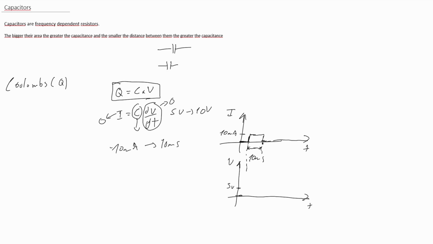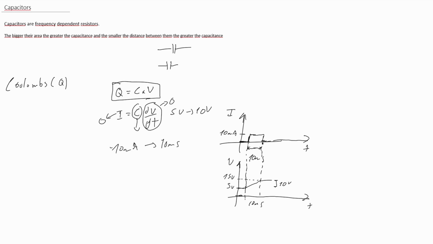At this time, the voltage will increase by 10 volts, so this in here will be like 15 volts. This is not to scale, but you can understand. This voltage change here will be 10 volts during the 10 milliseconds.